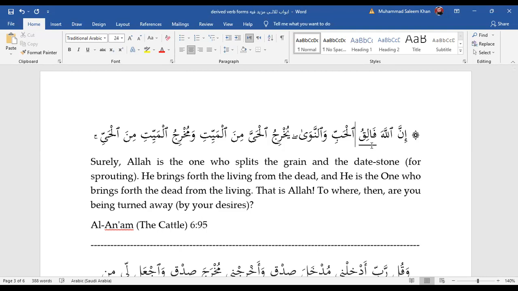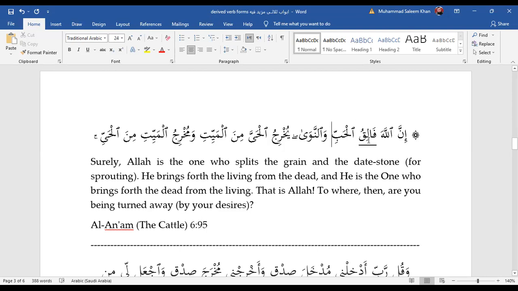So faliq is the one who breaks something, or who splits something, because it is ismul fa'il. So we have figured out that this is ismul fa'il. And what construction do you see here? Faliqul habbi. What construction is this? Mudaf mudaf ilayh. Excellent. Why do we say it's mudaf mudaf ilayh?